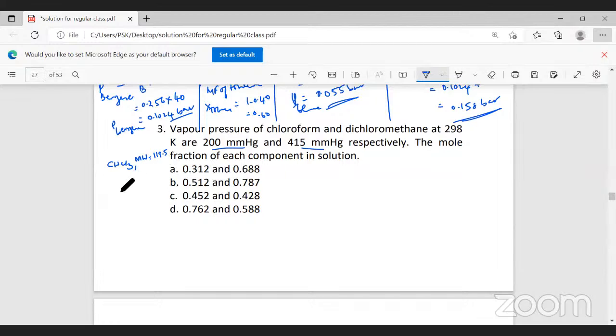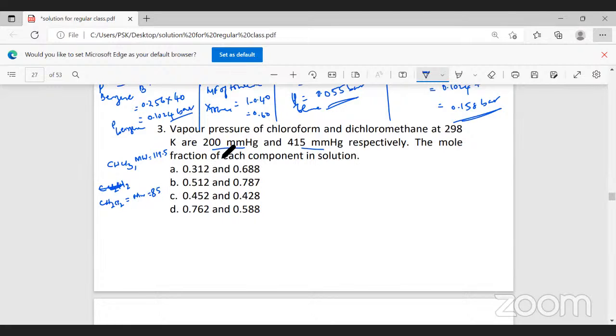Dichloromethane is CH2Cl2. So the molecular weight of dichloromethane, if you calculate, will be 85 gram per mole.